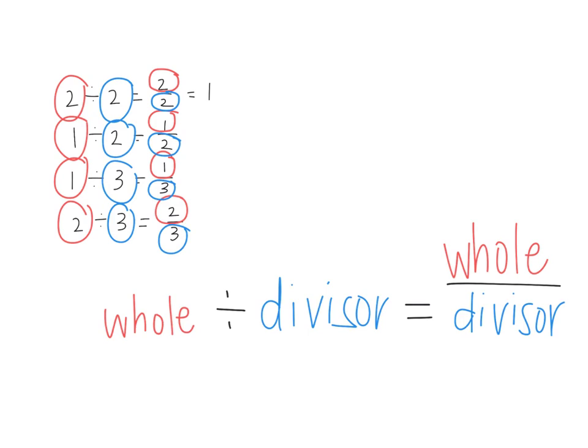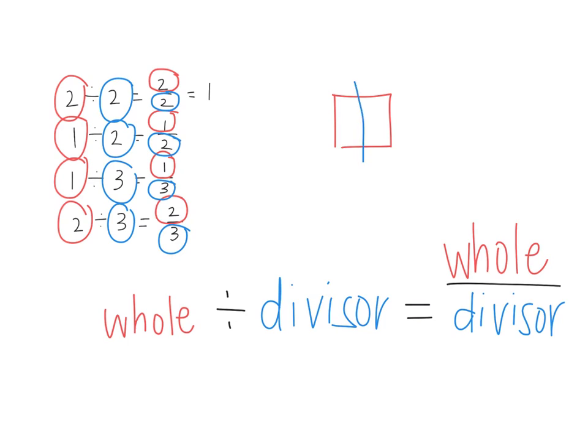When I had 2 divided by 2, what was our unit? 2 ones. So what's our unit? 1. Okay. When I have 1 cookie here, let's look at the second equation, and you should be writing this in your math notes. Remember when I had 1 cookie, and I wanted to split it into 2 equal parts, 1 divided by 2.